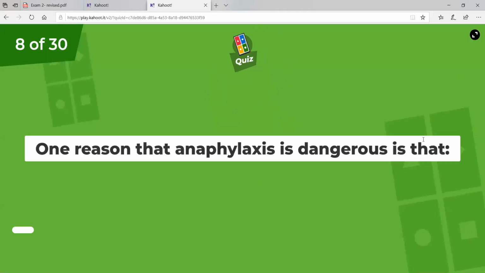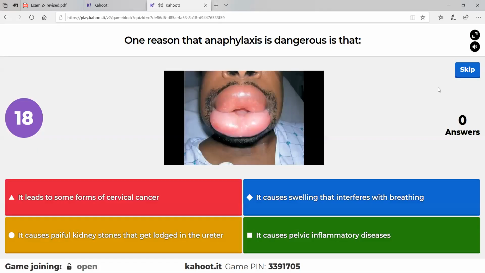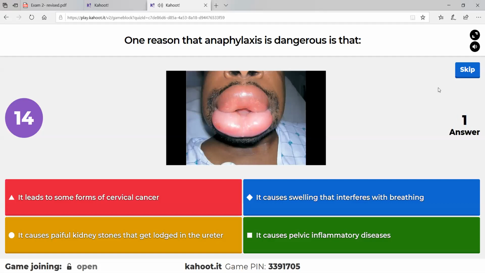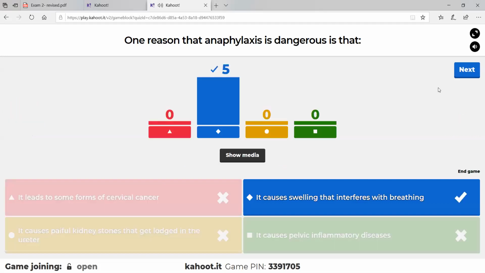All right, one reason that anaphylaxis is dangerous is that it causes swelling that interferes with breathing. Boy, did you see that guy's lips?